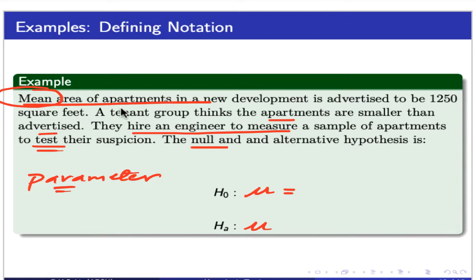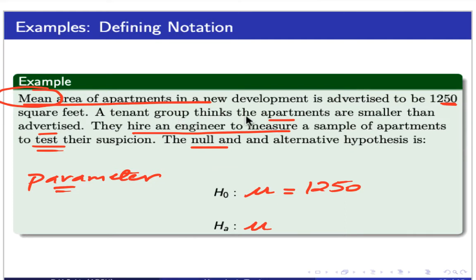Okay, let's read the problem again. It says the mean area of apartments in a new development is advertised to be 1250 square feet. That means this is what they're saying. The mean area, so this mu is representing a mean area. It's 1250. Now let's read the next sentence.